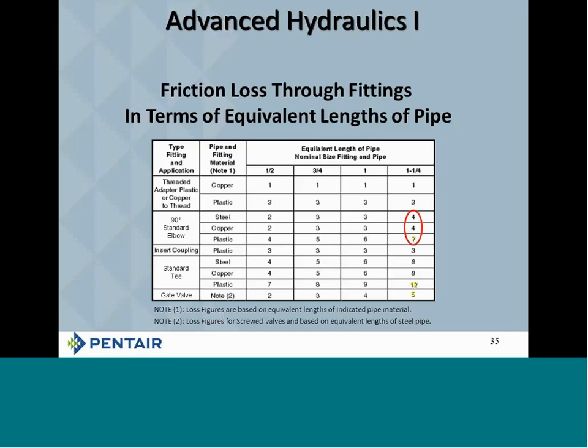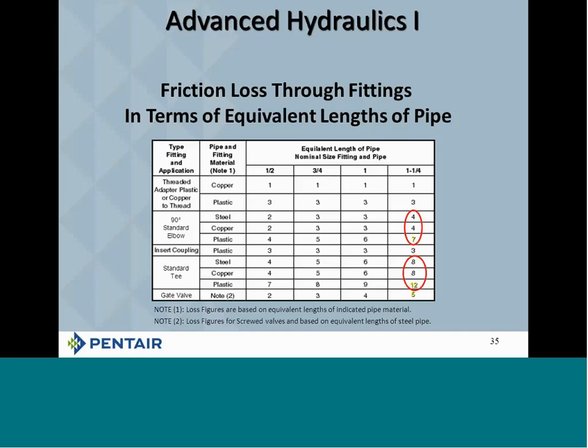I want you to know one thing though. If you're looking at the elbow or if you're looking at the standard T, we found earlier that plastic pipe had less friction loss by about half of steel pipe. However, you will notice here that in your plastic pipe, you're getting more equivalent length of straight pipe.